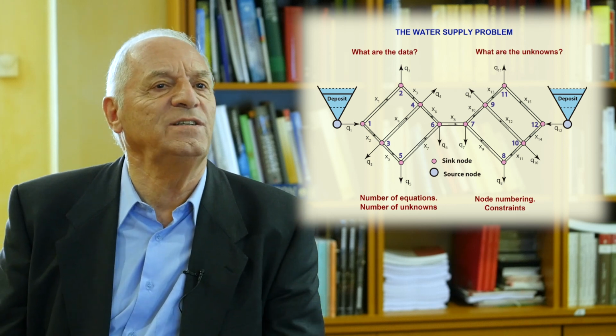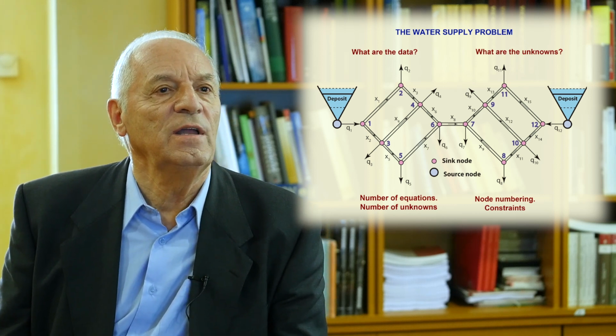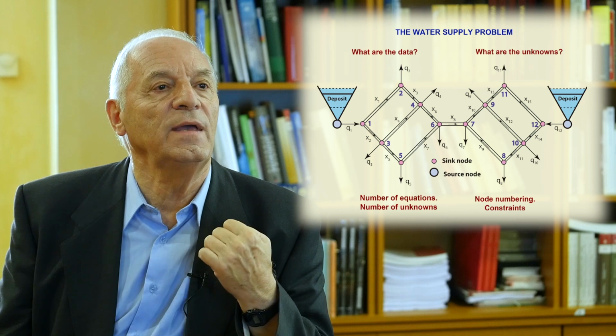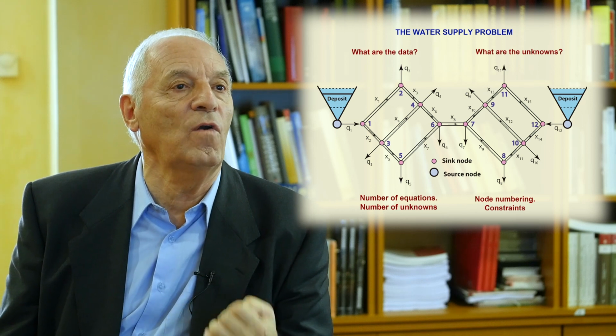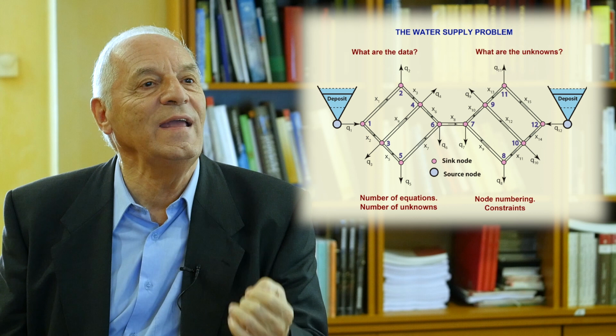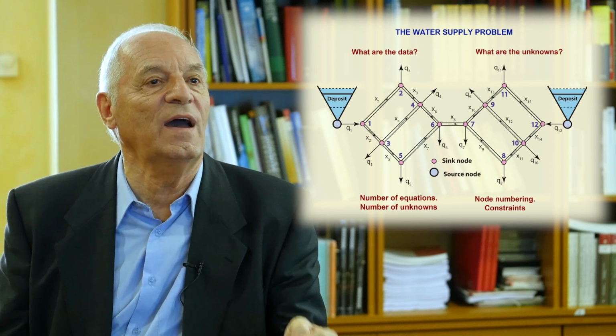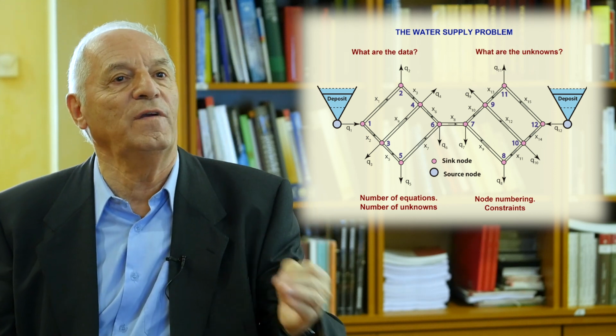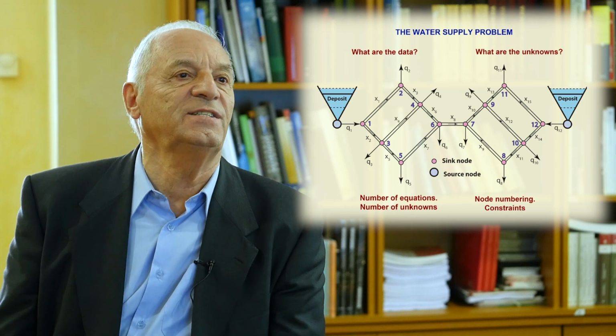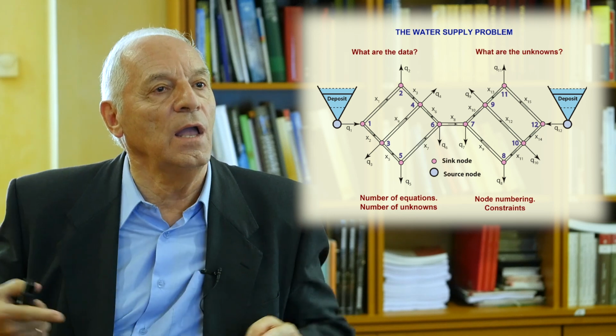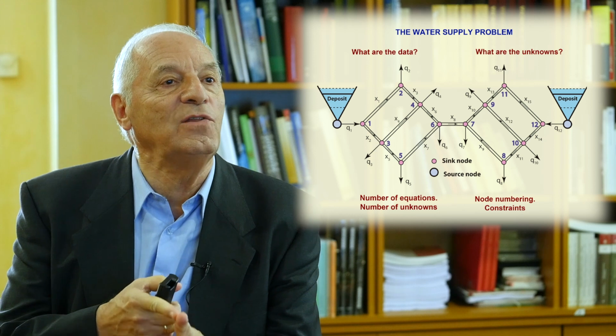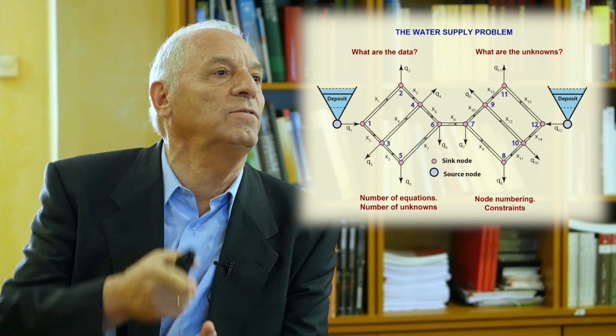And what about the equations? The equations establish a balance of flow and correspond one equation to each node. Because we have 12 nodes, we have 12 equations. And the equation says that the water entering the node should be equal to the water exiting the node.